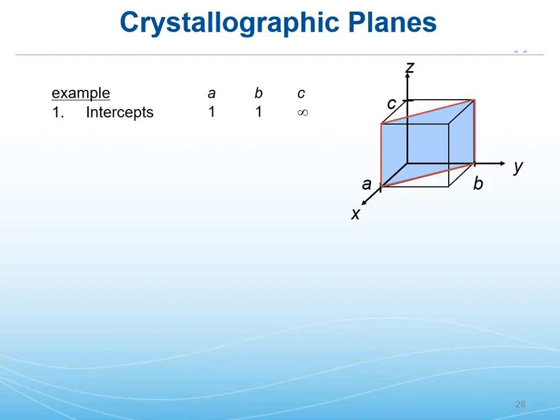It cuts the y at B, 1 lattice parameter. It never cuts the z-axis, so it touches it at infinity somewhere. Now we take the reciprocal. We get 1 over 1, 1 over 1, 1 over infinity, which is 0, at least in the limit. So this is the 110 plane.